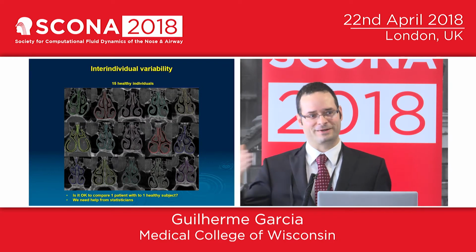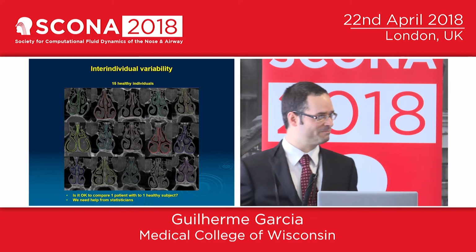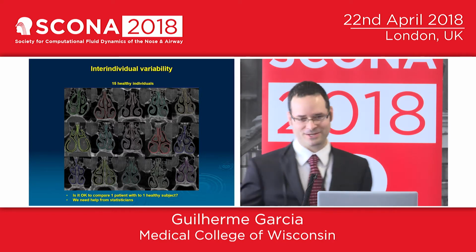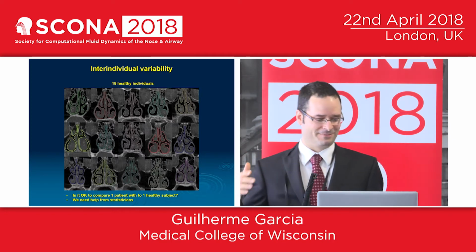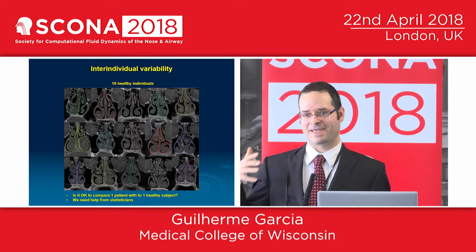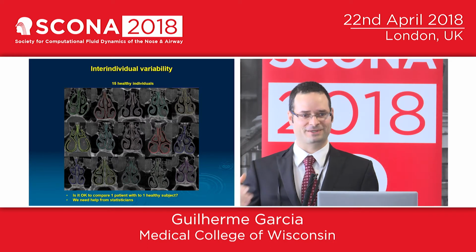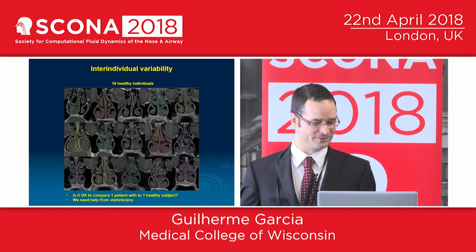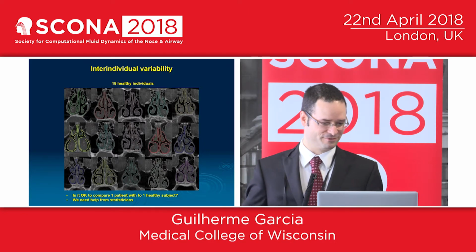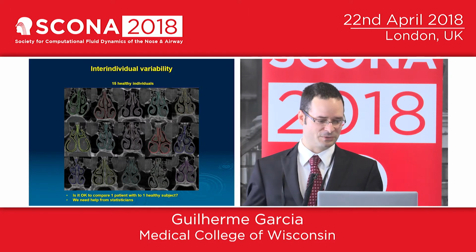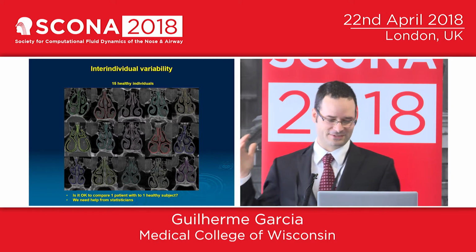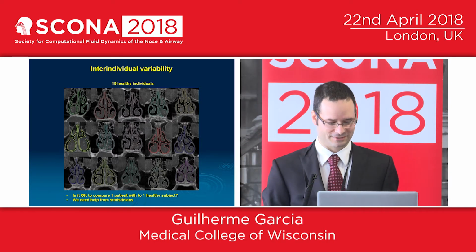Historically, a lot of the CFD papers have been based on 1 patient or 2 patients or 5 patients, right? But now we have the ability to build models faster and do a larger cohort. So I think one big question for the future is accounting for inter-individual variability. There's a lot of variability between patients, right?